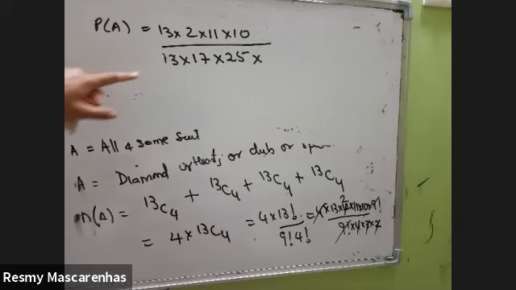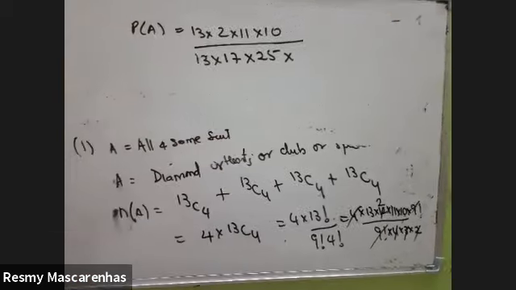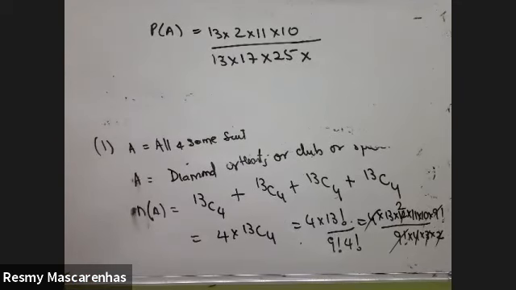What was the sample space? 13, 17, 25, and one more number was there, no? Just tell me the answer. What was the sample space? 13, 17, 25, and what? Just before this, what we had written.